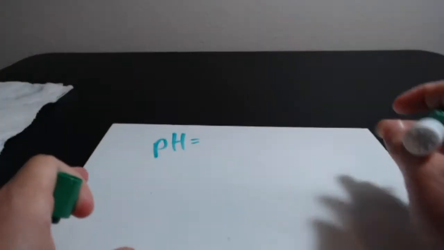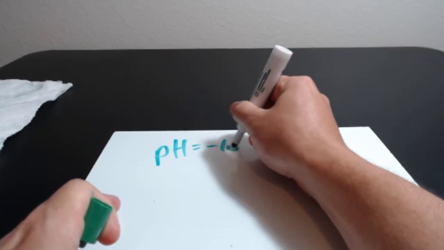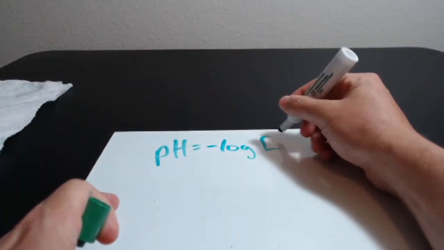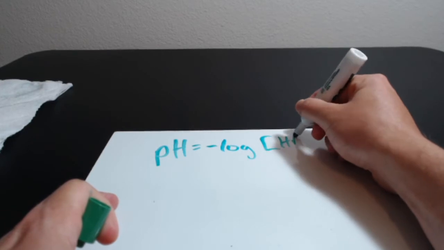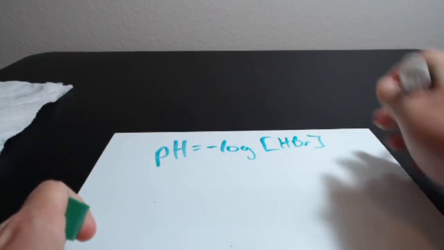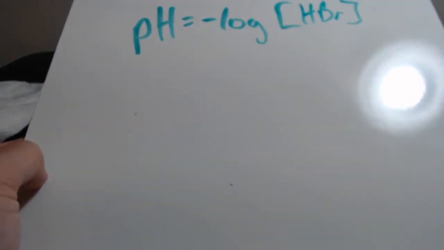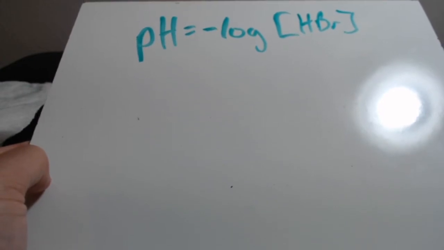Well, if you think about it, it's giving us the molarity of an acid, and HBr is a strong acid. So what we're going to do is take the negative log of the concentration of HBr, the negative log of the concentration of a strong acid.